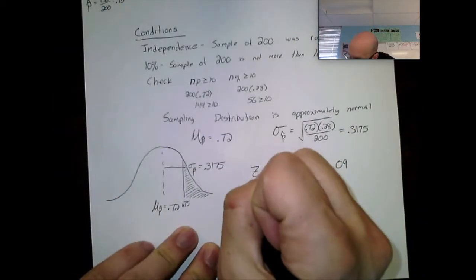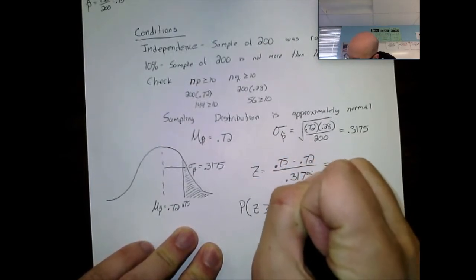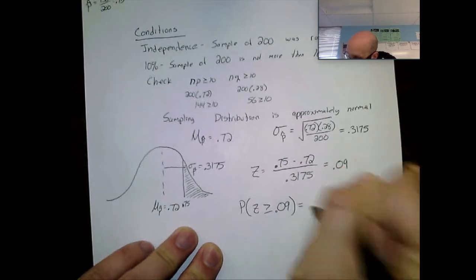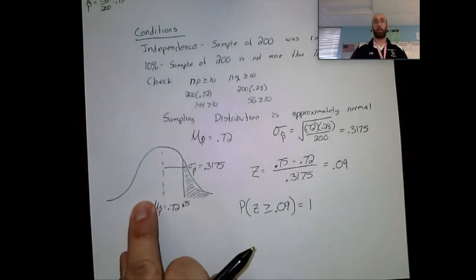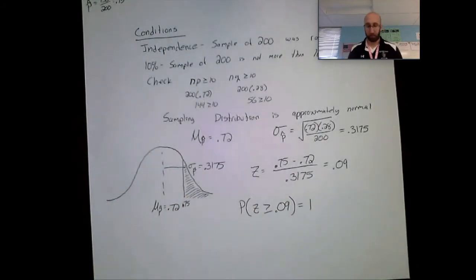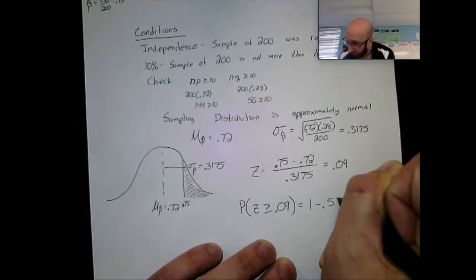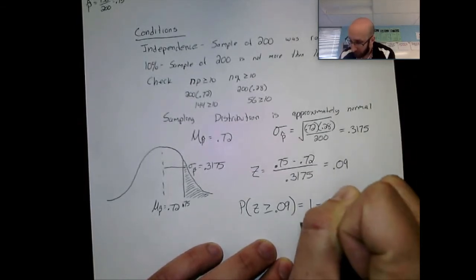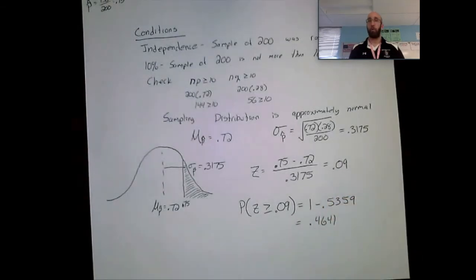I'm trying to find the proportion of z-scores that are greater than or equal to 0.09. Remember, the z-score table always gives you the area to the left. So whatever number we look up when we find 0.09, we need to subtract that from 1. I already looked this up for us. It's 0.5359. You subtract that from 1, you get 0.4641.